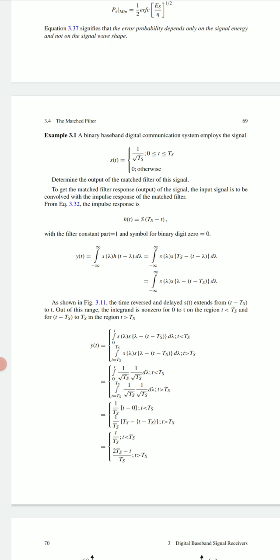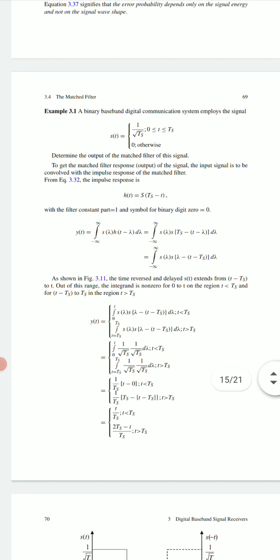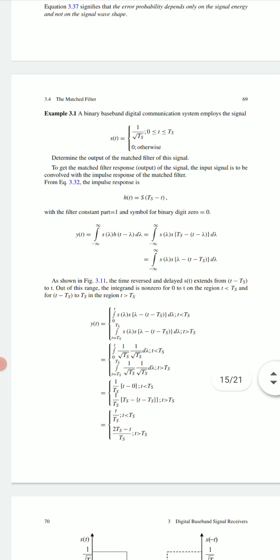You will get h(t) equal to s(Ts minus t), with the filter constant part 1 and symbol for binary digit 0. You will get y(t) equal to integration from minus infinity to infinity s(lambda) h(t minus lambda) d lambda, equal to integration from minus infinity to infinity s(lambda) s(Ts minus t minus lambda) d lambda.